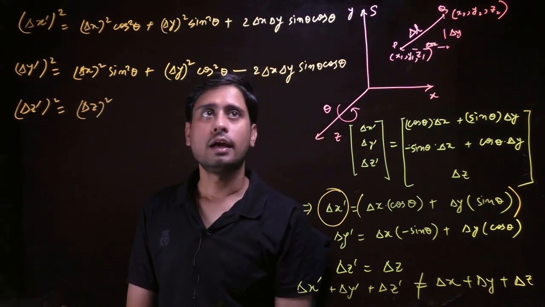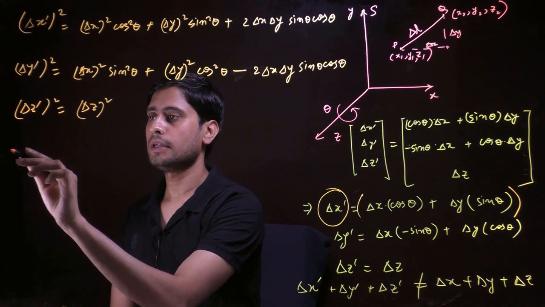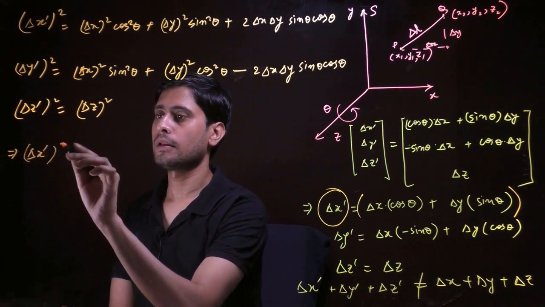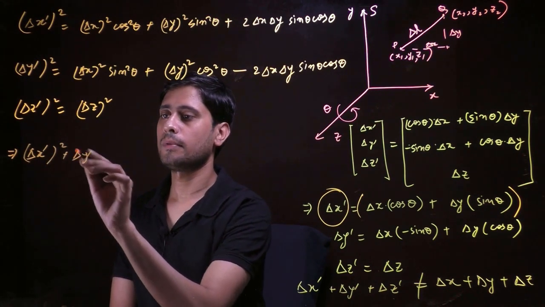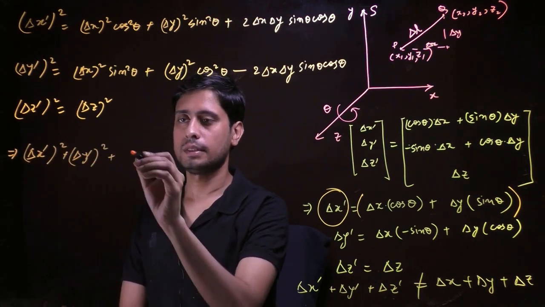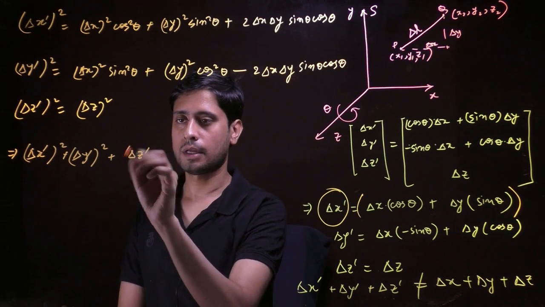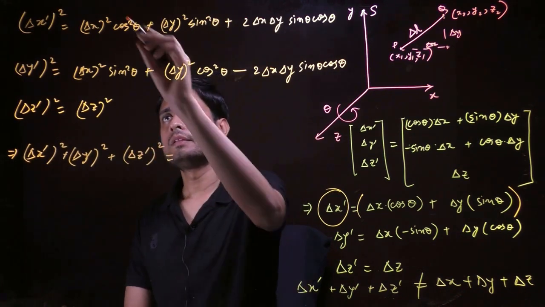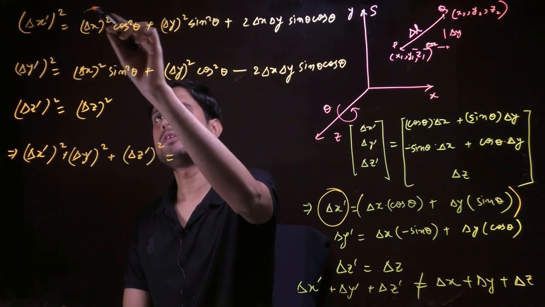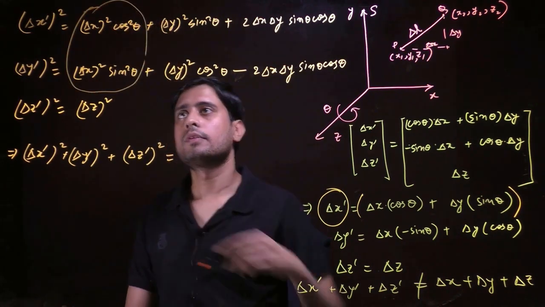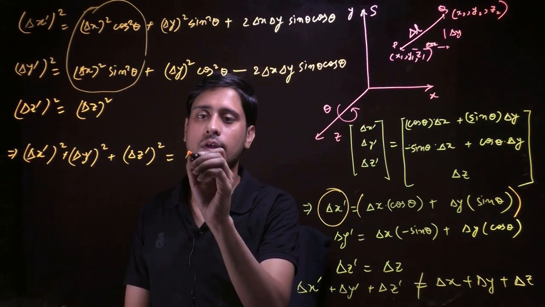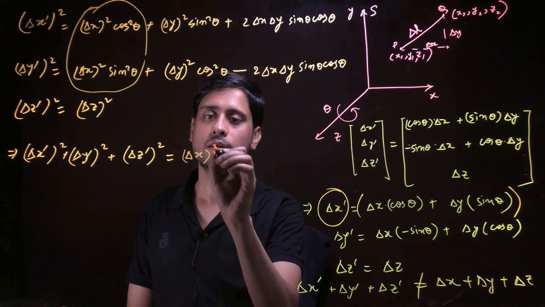Now if we add these three things, then you get delta x prime square plus delta y prime square plus delta z prime square equals these two terms. In these two terms, sin square theta plus cos square theta will give you 1, so it will give you delta x square.